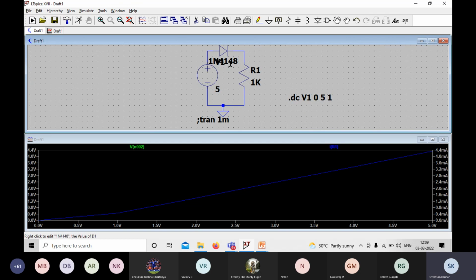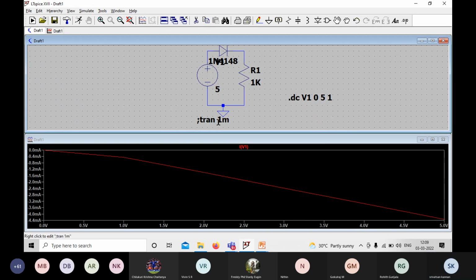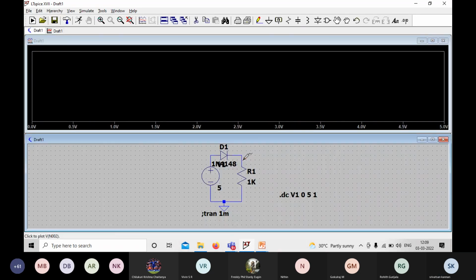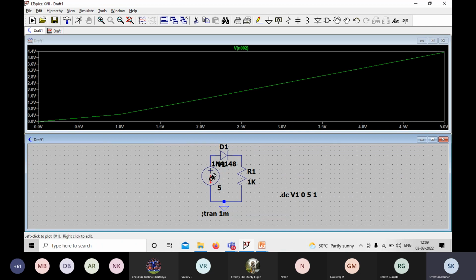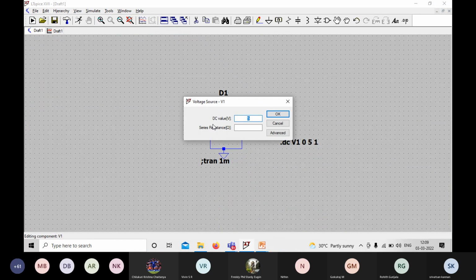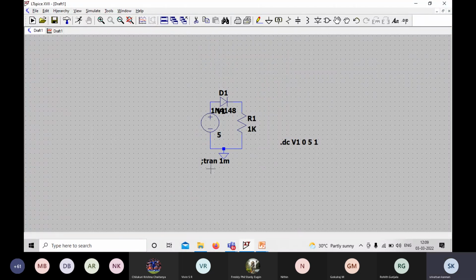After simulation, it is the transient response. So this is the VI characteristics.